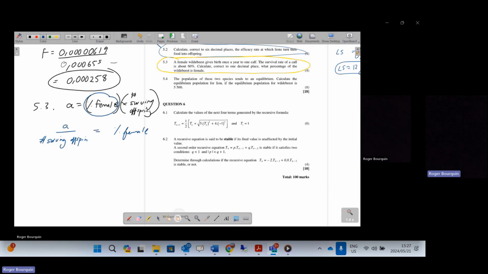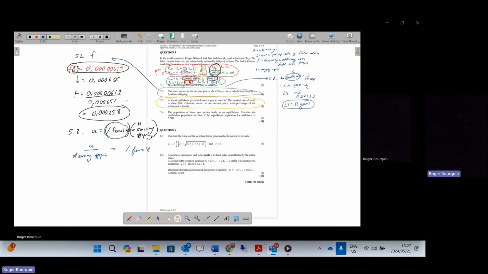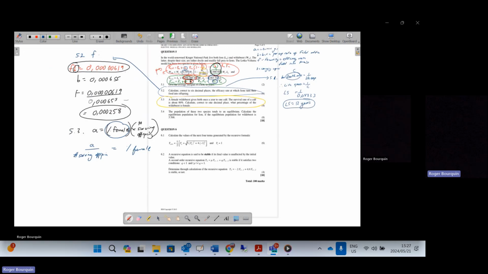Now we can go find A from our formula. If we look at our formula for the wildebeest, we can read off that A is equal to 0.345. The number of surviving offspring: one female wildebeest gives birth once a year to one calf, and then the survival rate, such as one baby a year and 60% chance of that baby surviving.